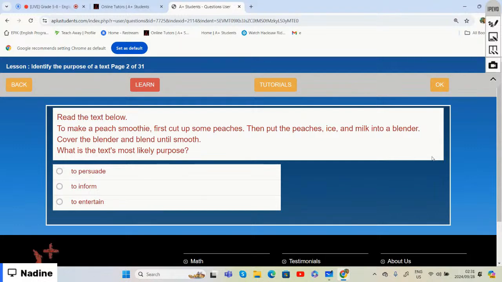Is it to persuade readers, to inform readers, or to entertain readers?